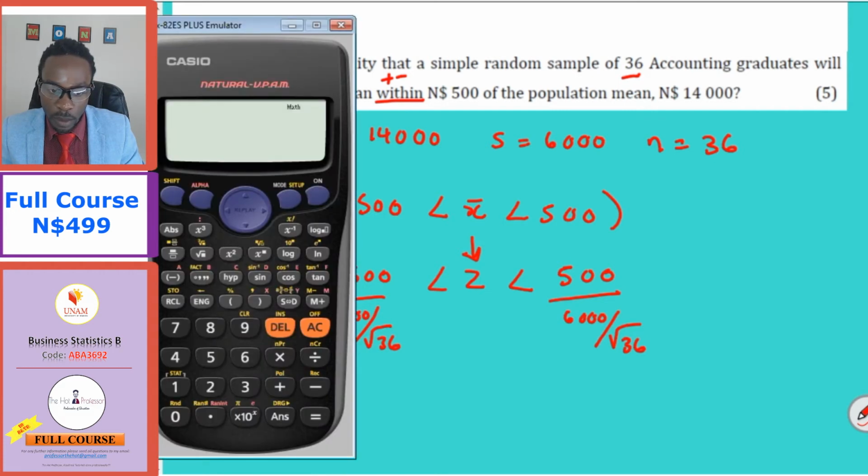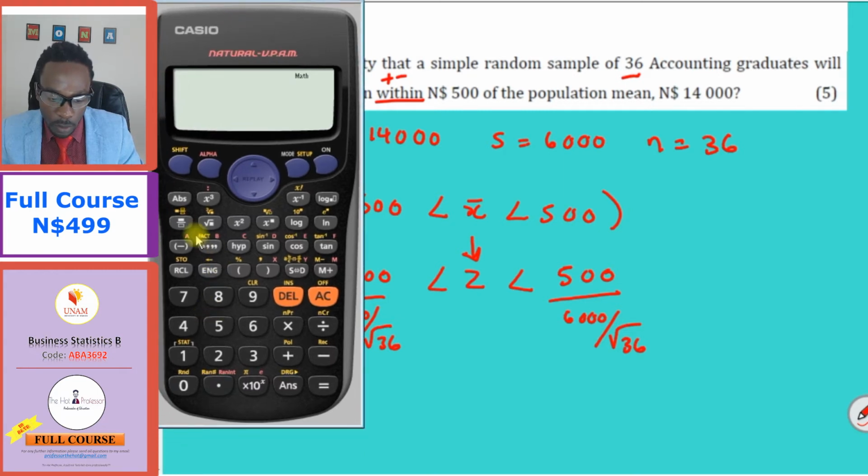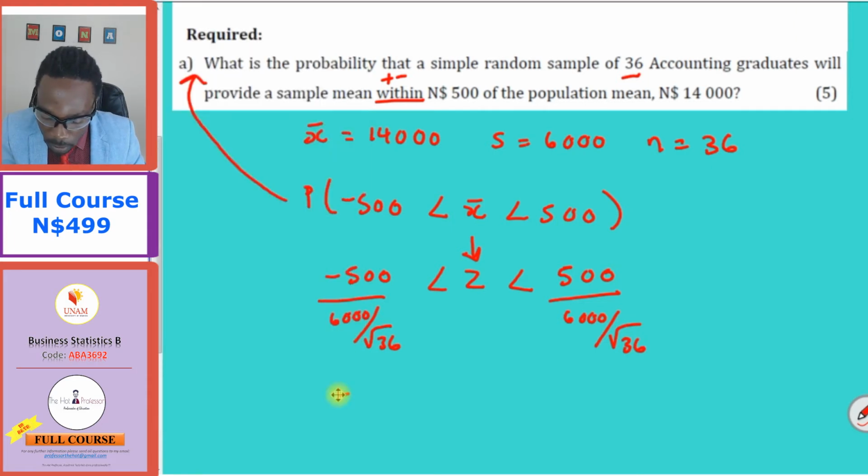As you can see, it's the same thing, the only difference is one is a minus, one is a plus. So the fraction here is 500, at the bottom we have 6,000 divided by root 36. As you can see, we get 0.5. So it's going to be negative 0.5 smaller than z, smaller than positive 0.5.